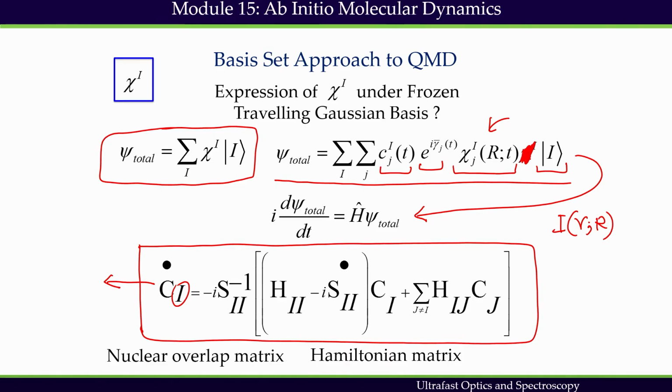So, basically this is nothing but d c j i t dt that is given here. This time dependent coefficient we get in the matrix notation.